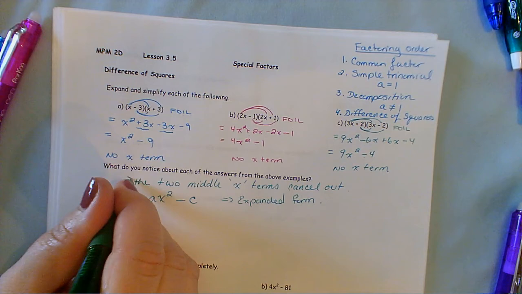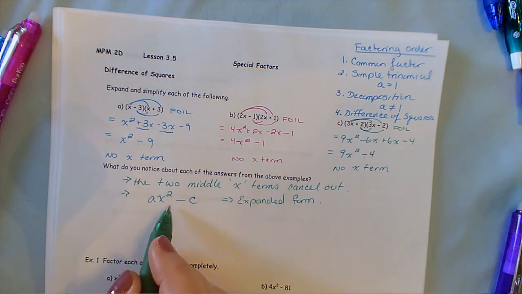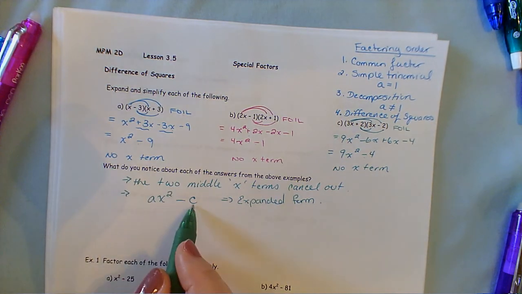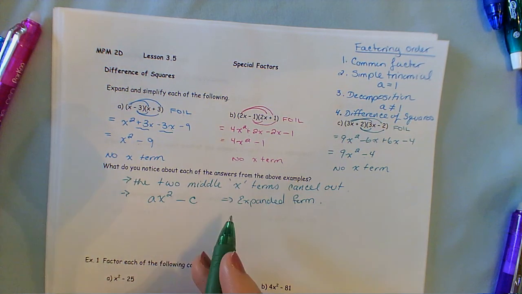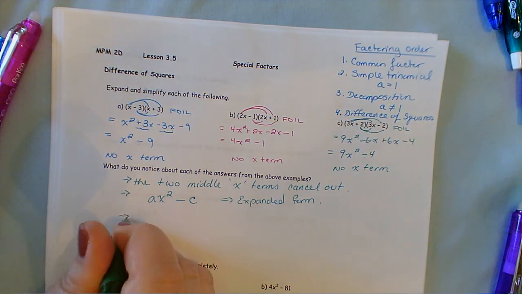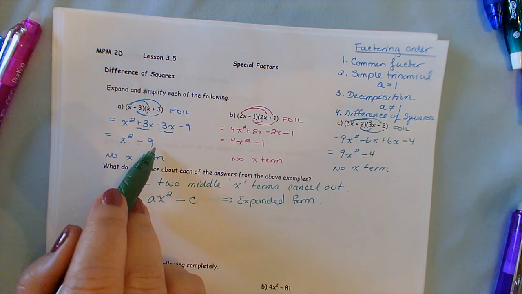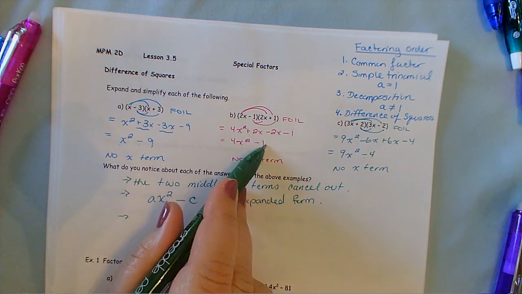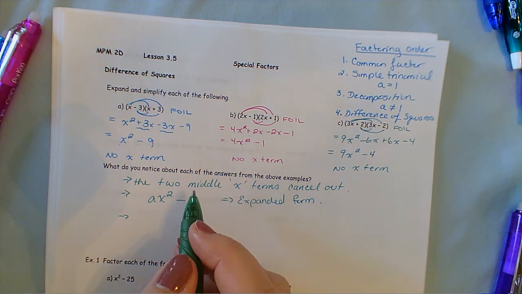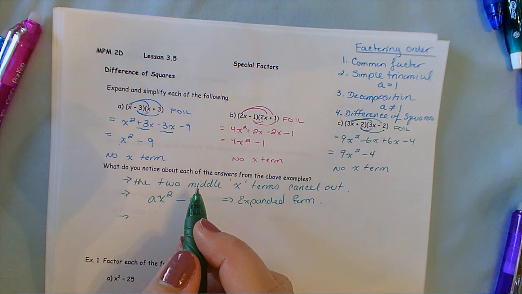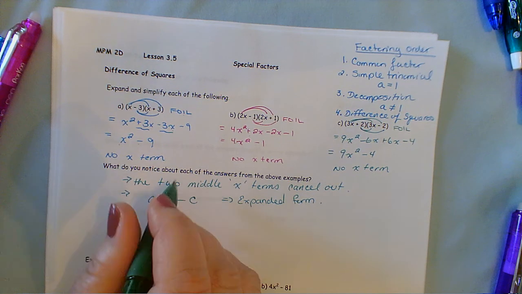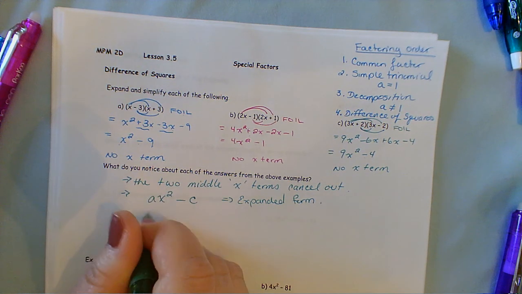So what do we notice? That there's no middle term because it cancels out, and that we have something squared in the front, and we have a minus number in the back. Something else I hope you notice are what kind of numbers are 1, 9, 4, 1, 9, 4. So those are very special numbers. Those are what we call perfect squares.